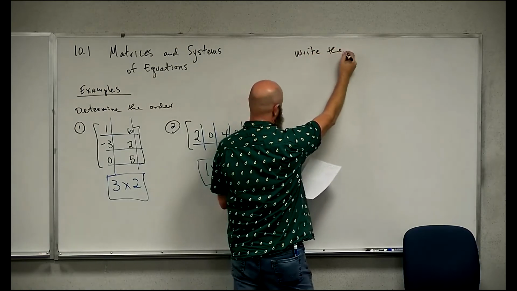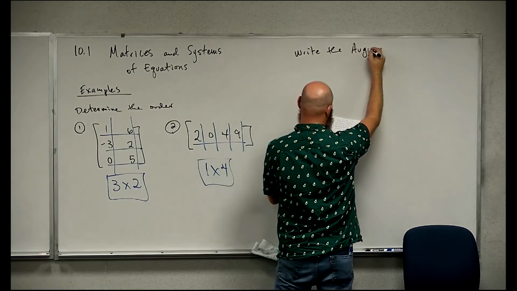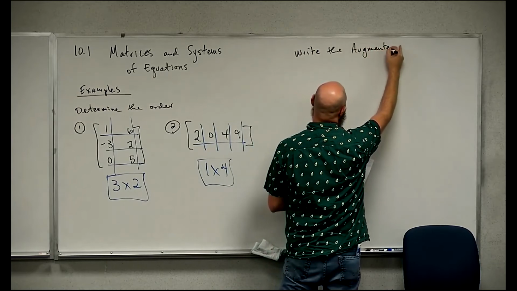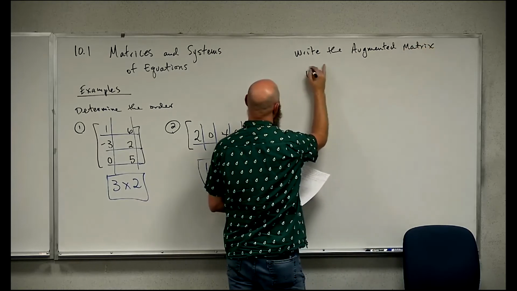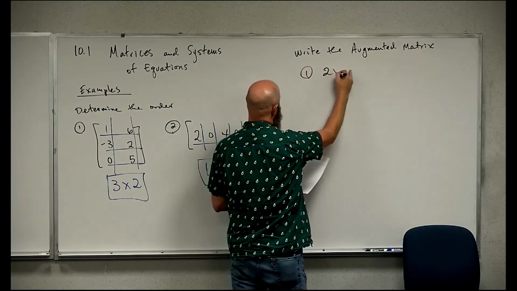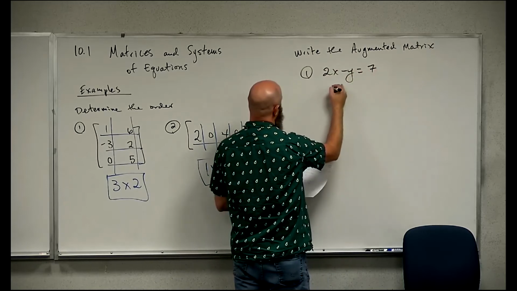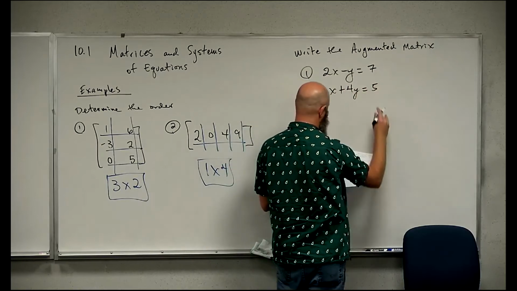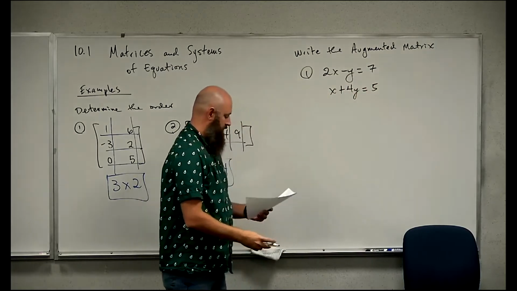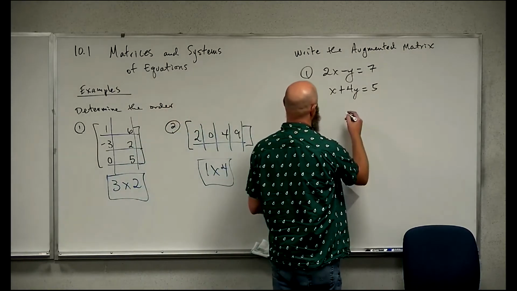Write the augmented matrix. Okay. So we have 2x minus y equals 7. x plus 4y equals 5. So this will give us the matrix here.